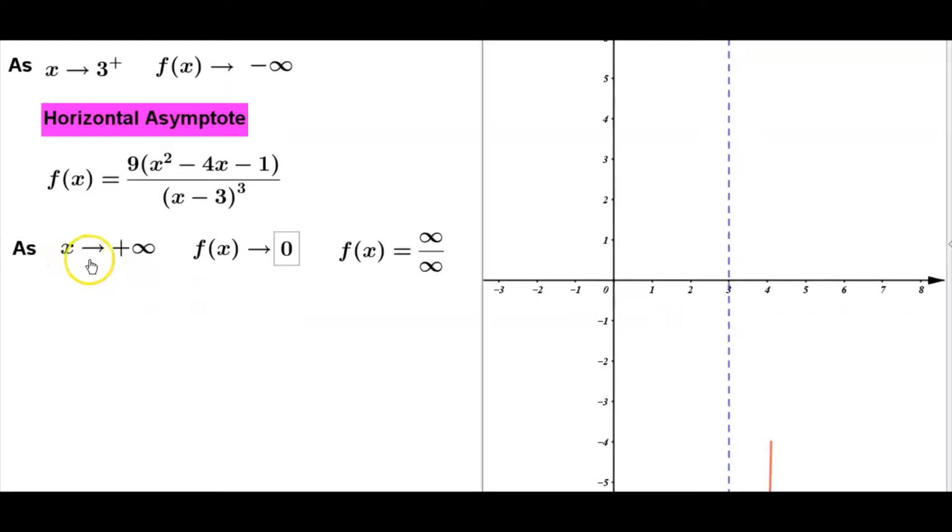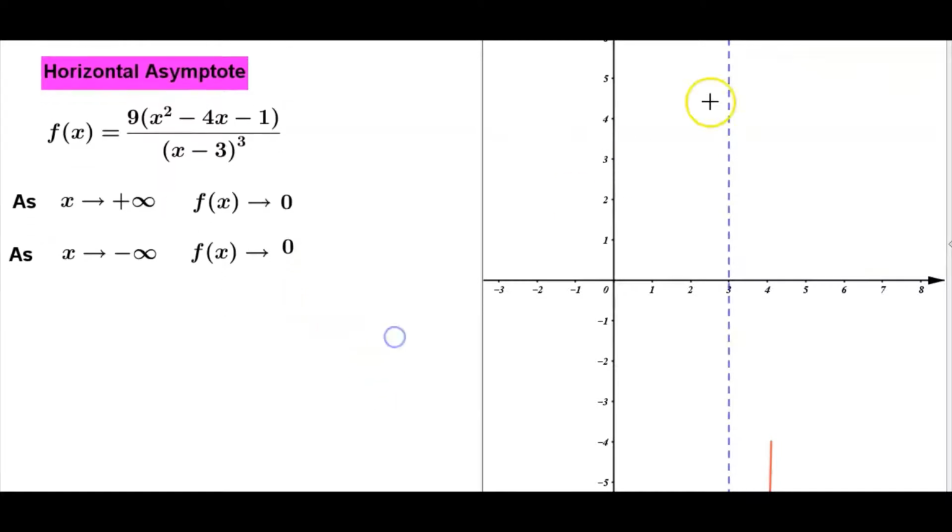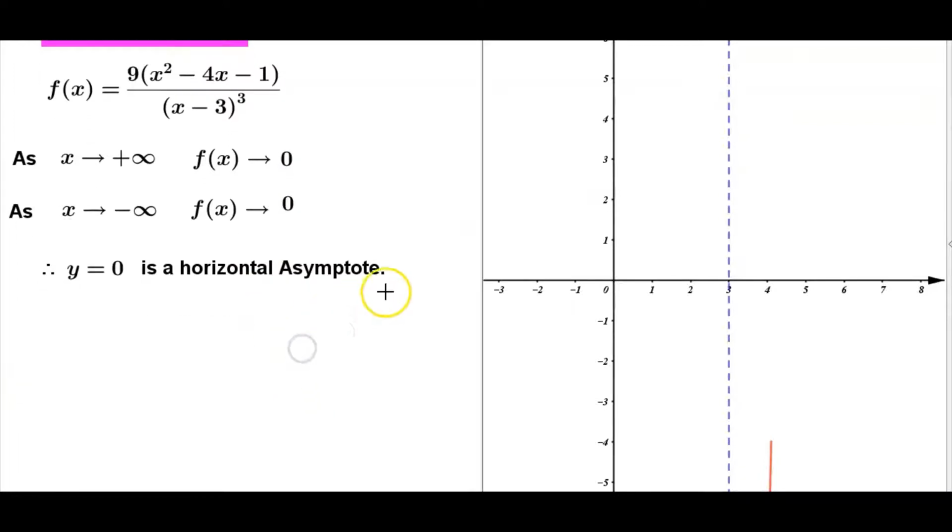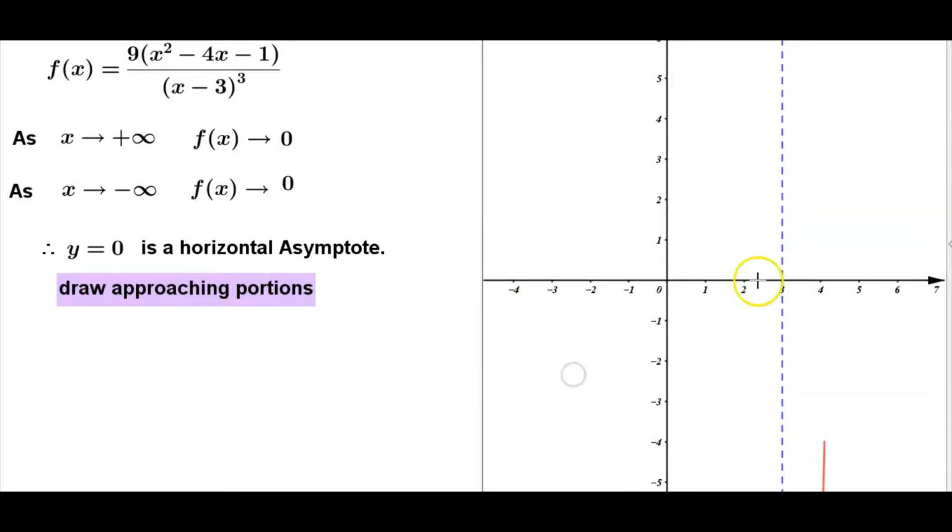As x approaches plus infinity, f(x) approaches 0. As x approaches minus infinity, f(x) also approaches 0. Therefore, y equals 0 is a horizontal asymptote. y equals 0 is the x-axis.